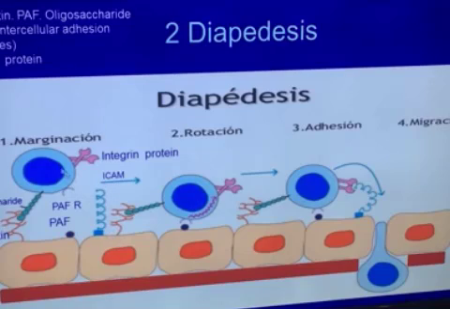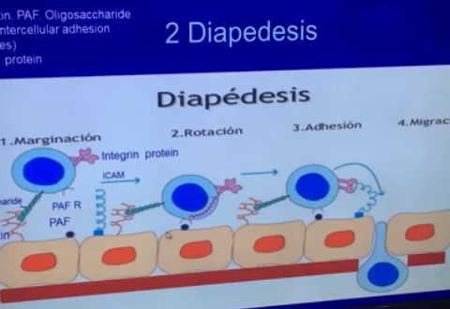On the other hand, we have the WBC, and on the surface of the WBC there are oligosaccharides. There is a receptor also present on the surface of the WBC called the platelet activating factor receptor. There is another protein on the surface of the WBC called integrin protein.